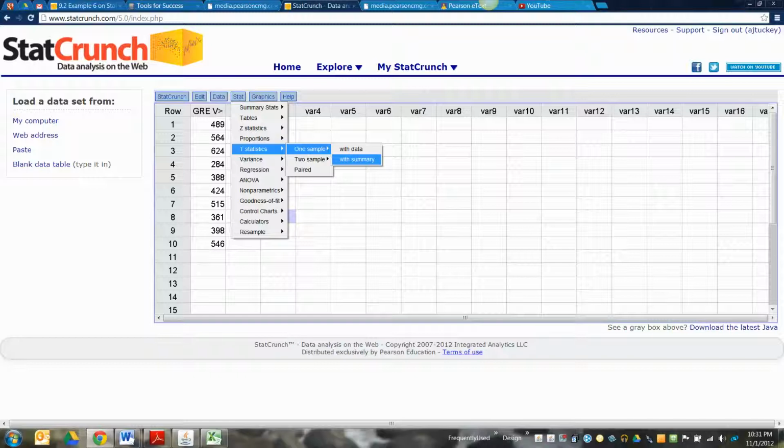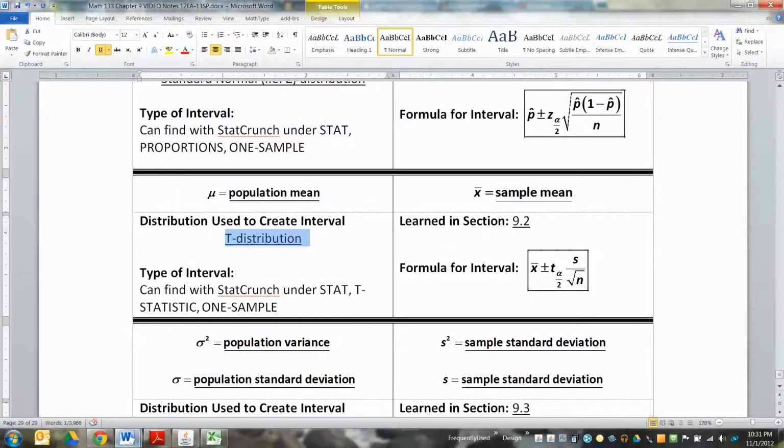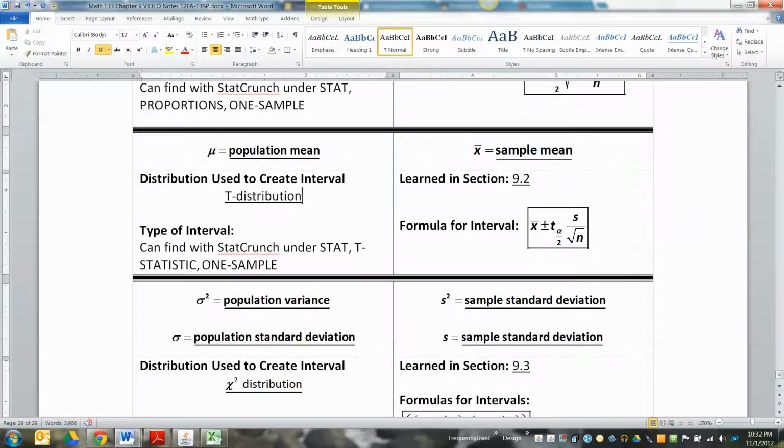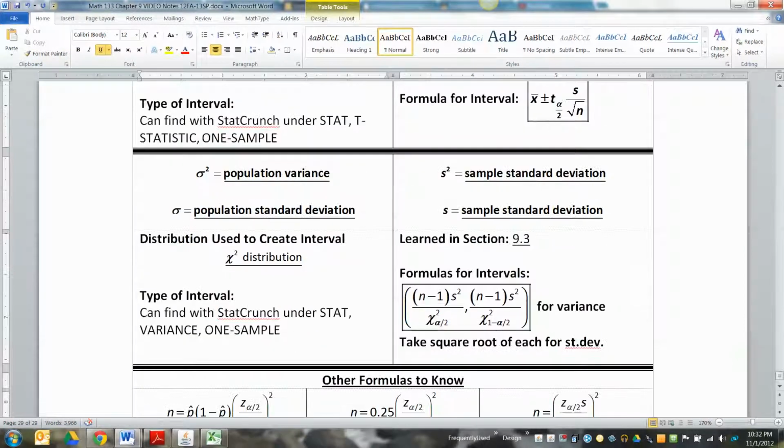So if they give you x bar and s in the problem, that's summary. If they give you a column full of data or a table full of data, that's with data. Okay, and of course, with both of these, you should always know how to read StatCrunch output, read Minitab output, know how to look at intervals in context and be able to explain stuff about them.